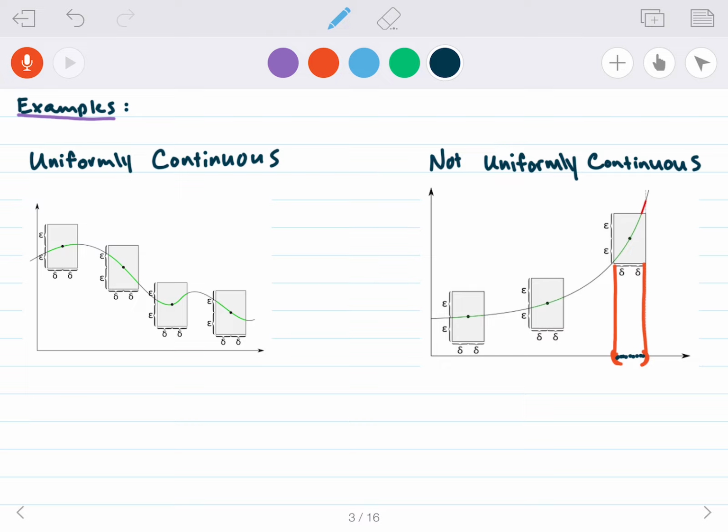This guy right here and everybody up here does lie in this neighborhood, very close to the endpoints visually, but nevertheless still lies in the neighborhood. But if you look at its image on the curve, it's not inside of that epsilon neighborhood. So this is not uniformly continuous.